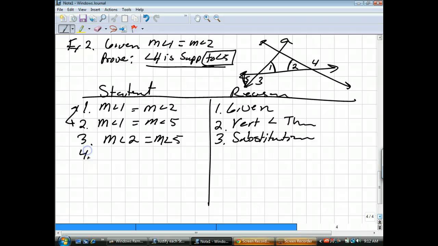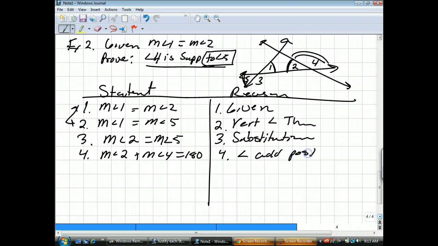And now I need to introduce angle 4, because I don't have an angle 4 in here. But I know that angle 2 and angle 4 form a straight angle, and so I know that it has to equal 180 degrees. So I can say measure of angle 2 plus measure of angle 4 equals 180. And that's the angle addition postulate. Okay?